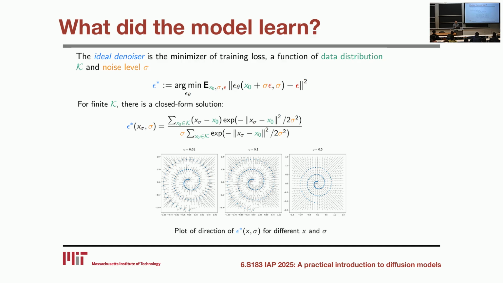For our purposes right now, we just say that this ideal denoiser is basically what you get if you minimize this loss function exactly. So let's take a look at a different interpretation of the ideal denoiser to get an intuition of what's happening. Why did this learned model predict different things at different noise levels?